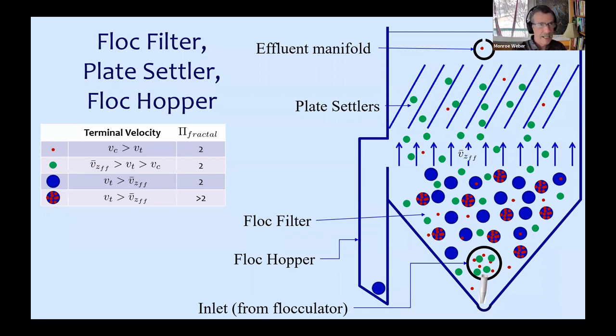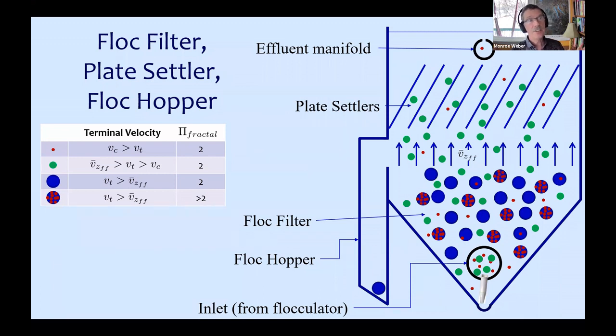And before creating this animation, I didn't realize how big of a question that was, and how the only way that they can get to the bottom is if they change their sedimentation velocity. Because the reason they got to the plate settlers initially in the first place is because they weren't settling fast enough to stay in the bottom of the tank. And so they went up to the plate settlers and were caught there. Now, the only way they can get back down to the bottom of the tank is if they increase their sedimentation velocity.